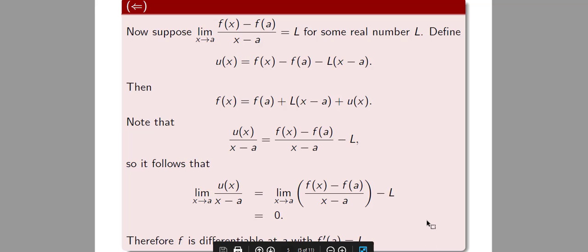And so we get therefore that f is differentiable at a with f prime of a equal to L.